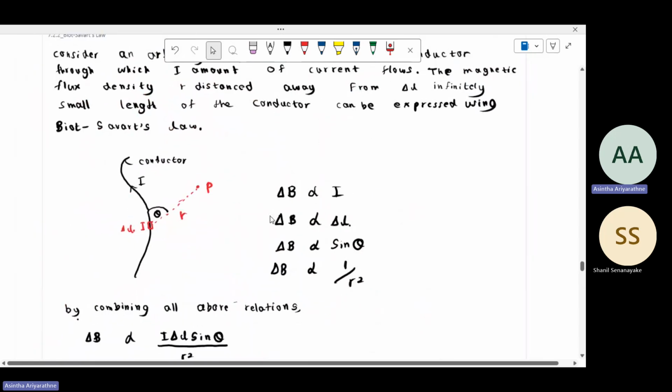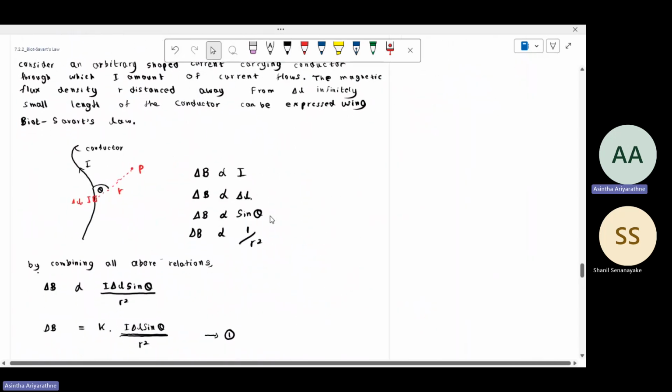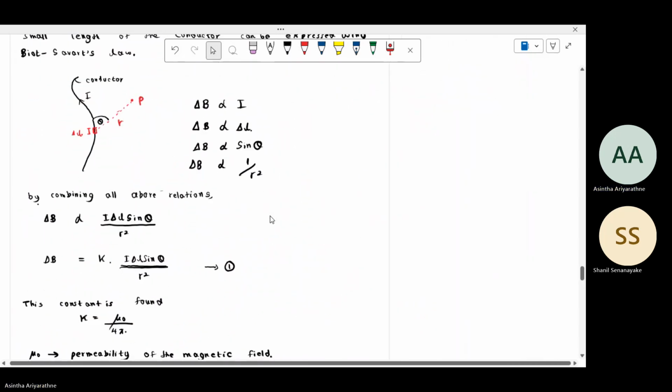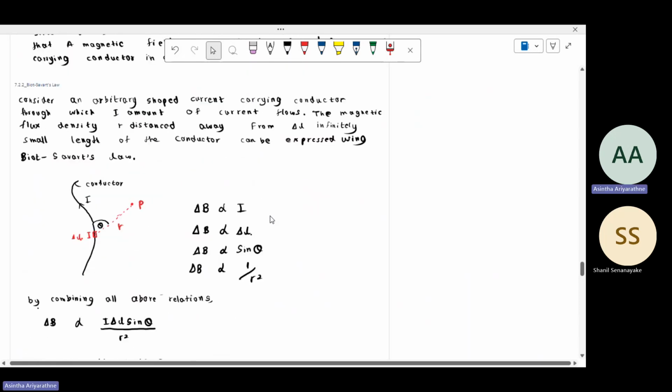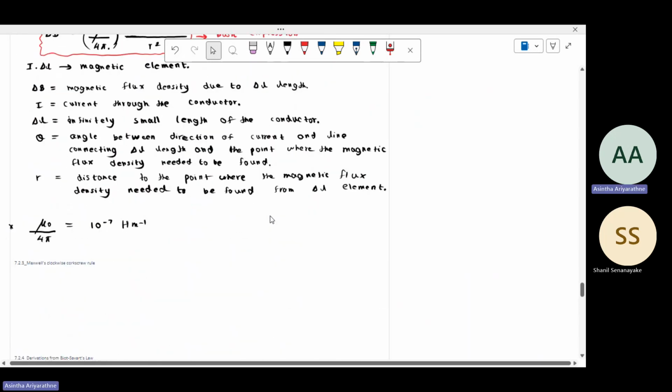So first you can take this down. On the Biot-Savart law, you have to write this part. This mu naught over 4 pi would be given the value.